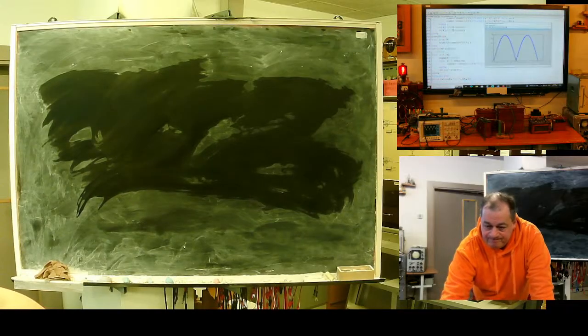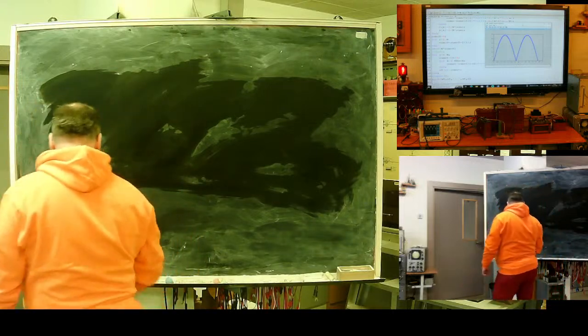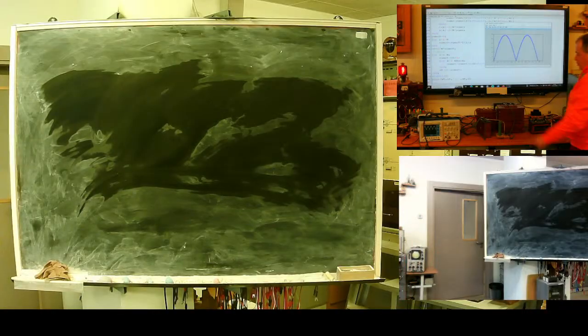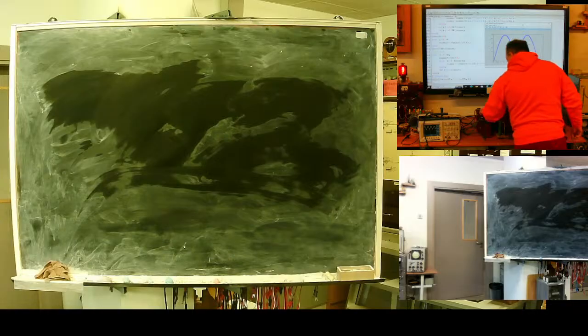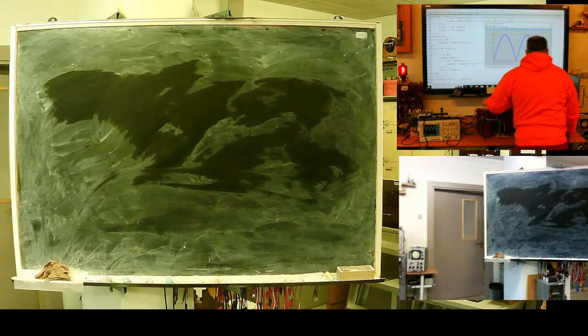Okay, what do I have? Coil 10 millihenries, and its active resistance 6.44 ohm.